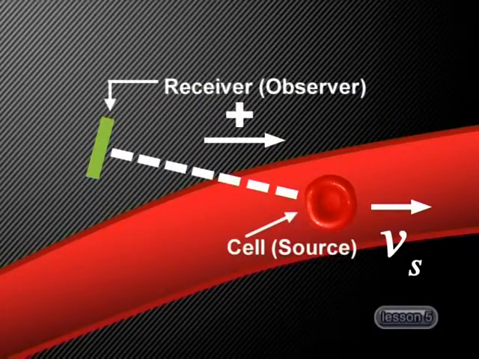This diagram shows us the observer, in this case the receiver, and the source, the moving blood cells. We will just focus on the horizontal components. Remember, the positive direction is taken to be the line from the observer to the source. So in our diagram, the positive direction is towards the right.